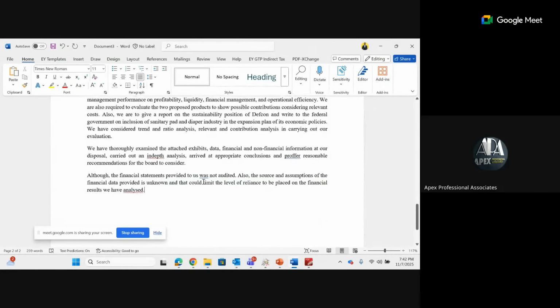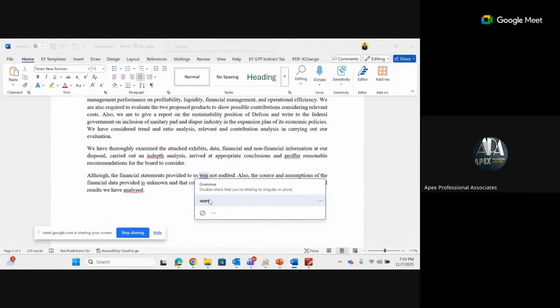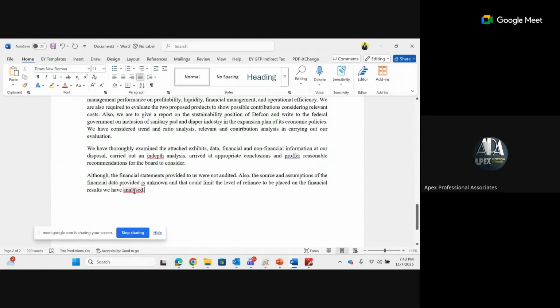So this is just a good example of what? Of professional skepticism. You have been skeptical about the information provided to you. Good. You have done the necessary thing they asked you to do, but you have been skeptical in case anything changes. Unaudited financial statements is not reliable.